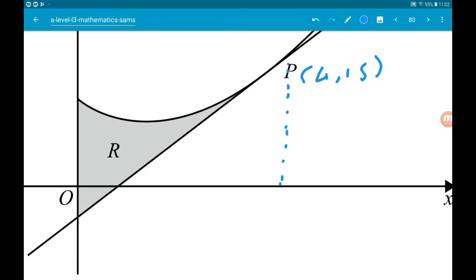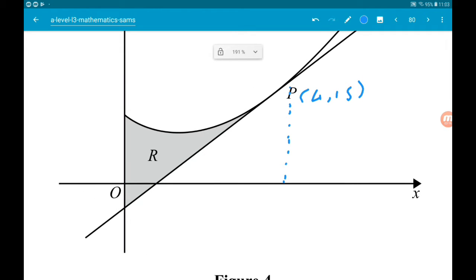Now we don't want the white triangle. What we're then going to need to do is find the equation of the tangent, find where it cuts the x-axis. That's then going to allow us to find the area of the white triangle. And we're also then going to be able to find the area of the little shaded triangle below the x-axis. So, lots to do.